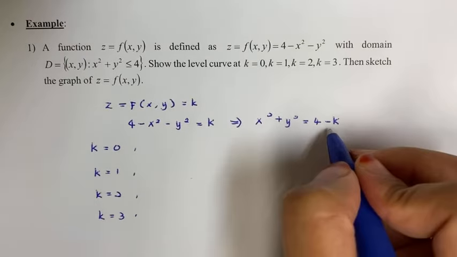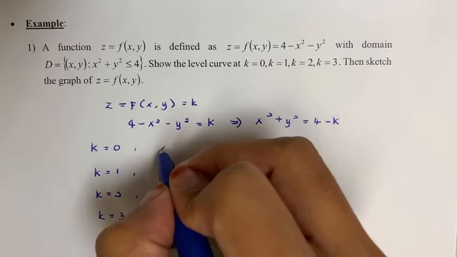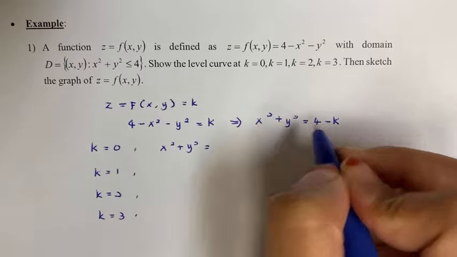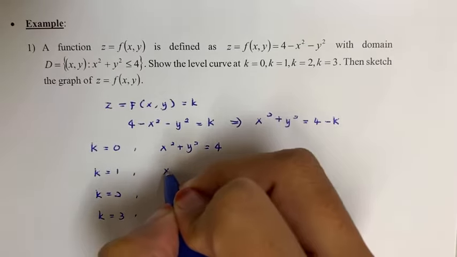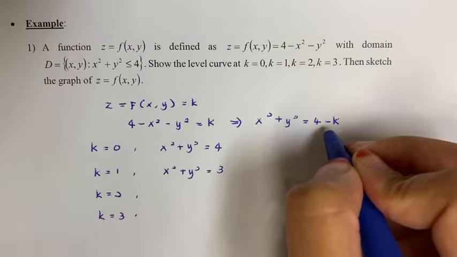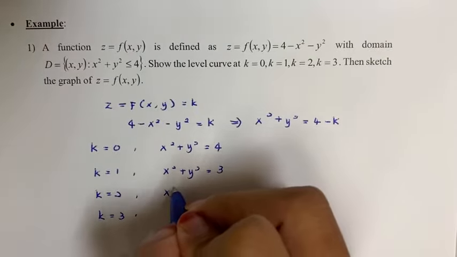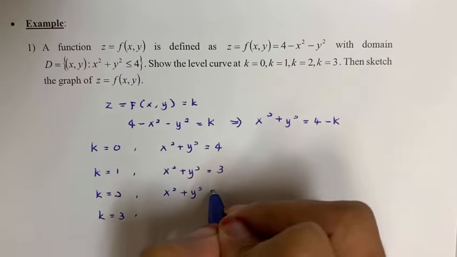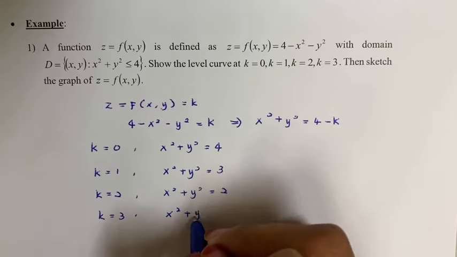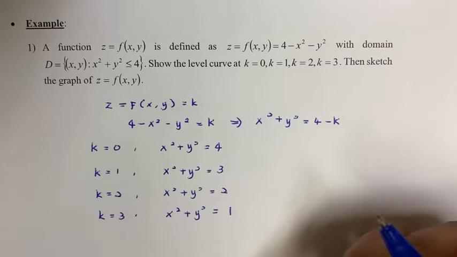When you substitute k equal to 0 here, you have x square plus y square equal to 4. This is x square plus y square equal to 3, 4 minus 1. Next, x square plus y square equal to 2. And last, when k equal to 3, we have x square plus y square equal to 1.